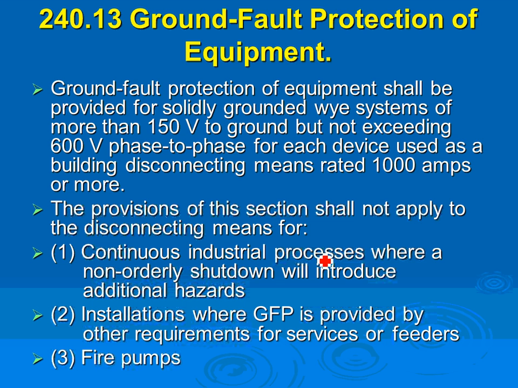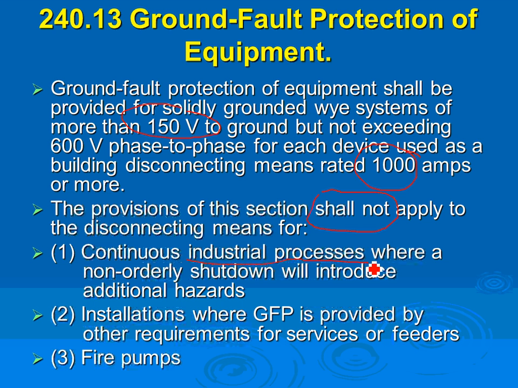We talked about ground fault protection for equipment, guys, and I mentioned it's required for 1,000 amps and any voltage to ground higher than 150, which gets you what? 480/277. It's not required on the following: industrial processes. So you're cooking chemicals. Do you want to put in a ground fault?